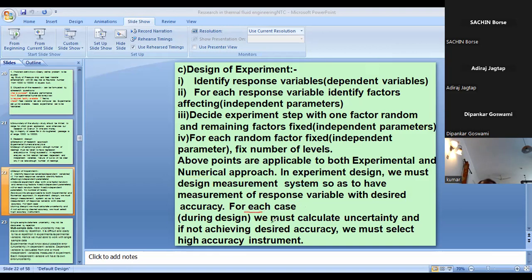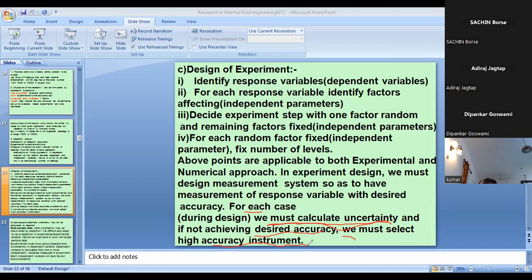For each case, we must calculate uncertainty. If the desired accuracy is not achieved, then we must select a high accuracy instrument. Please understand, we have to select the instrument based on our accuracy requirement.